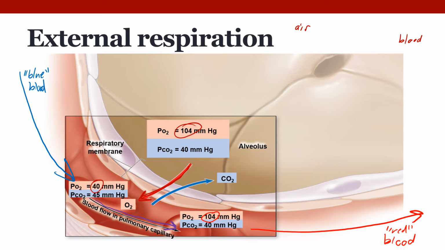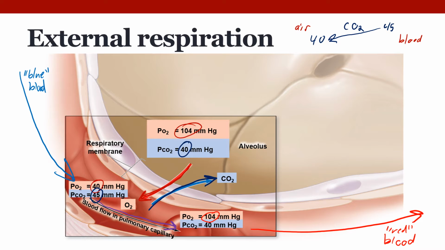CO2 comes in at 45 millimeters in the blood and 40 millimeters in the air. So our concentration gradient is downward, from blood to air. So CO2 is going to travel down the concentration gradient from the blood into the air, as that blue arrow suggests.